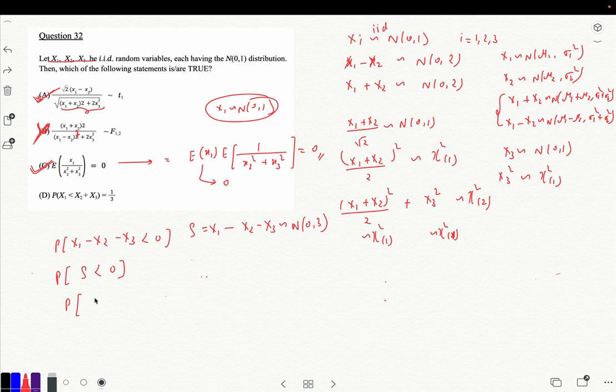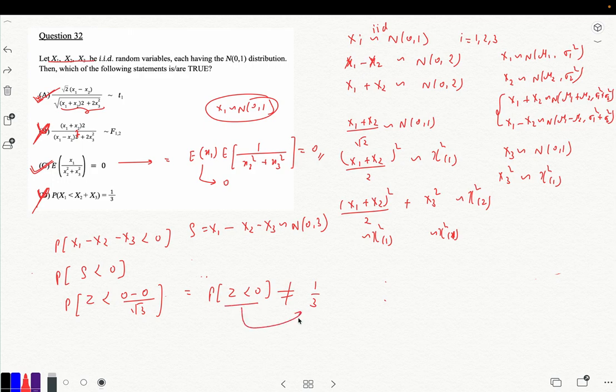Now let's form this as z, where z is 0 minus 0 divided by root of 3. So that is the probability z is less than 0. This can't be equal to 1 by 3 because that is 1 by 2. So this option is also incorrect because this probability is not equal to this portion.